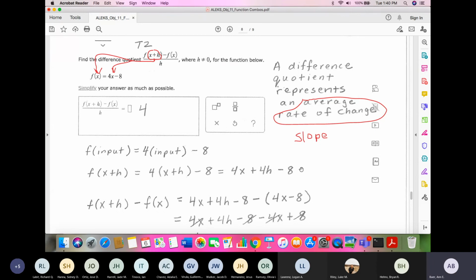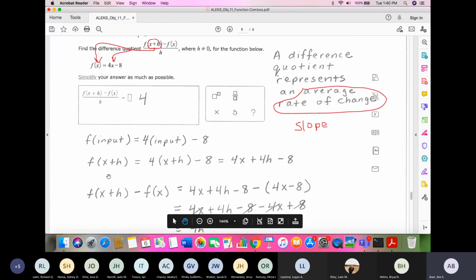And we can't combine any like terms because these variable portions are different. So we leave it like that. What I realized is the hardest step of all for these problems: if you want to look at this as f of input, by just taking the original function and putting in the word input for x, then what do we have inside the parentheses?